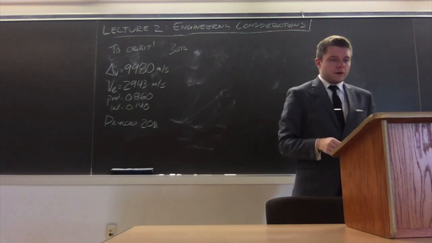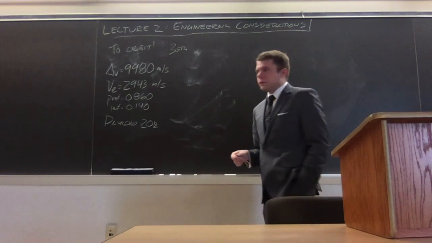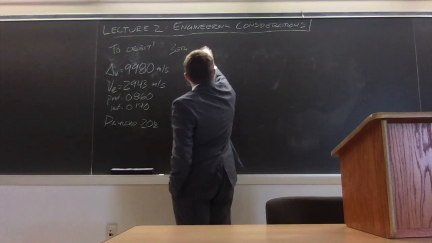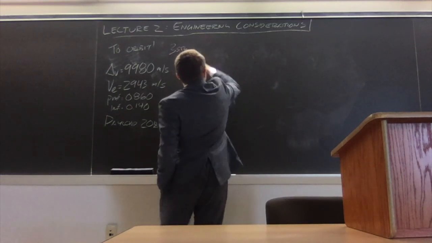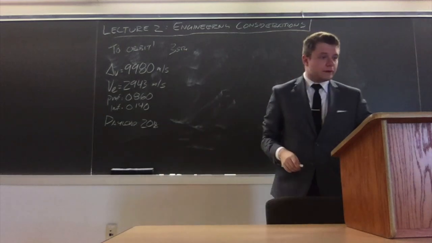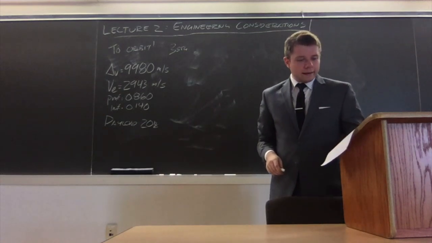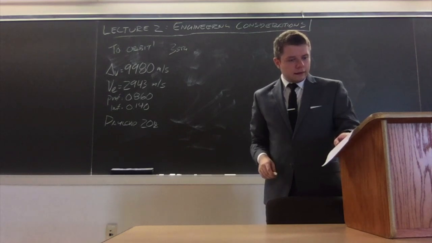So we start off with our first stage, and we recall the equation that we derived to get here. Make sure I'm writing this correctly, I don't want to completely embarrass myself in front of the internet. There it is.